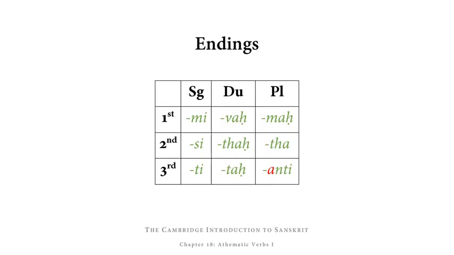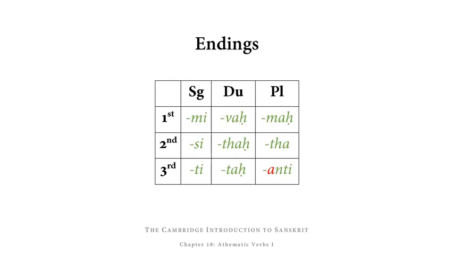But before we do that, let's just briefly look at the endings that all athematic verbs use. The endings that you see here, mi, si, ti, vaḥ, taḥ, and so on, should be fairly familiar to you because they're the same endings that we've also seen in the thematic verbs, except there, of course, the endings were always preceded by ā in the first persons or a in the second and third persons.